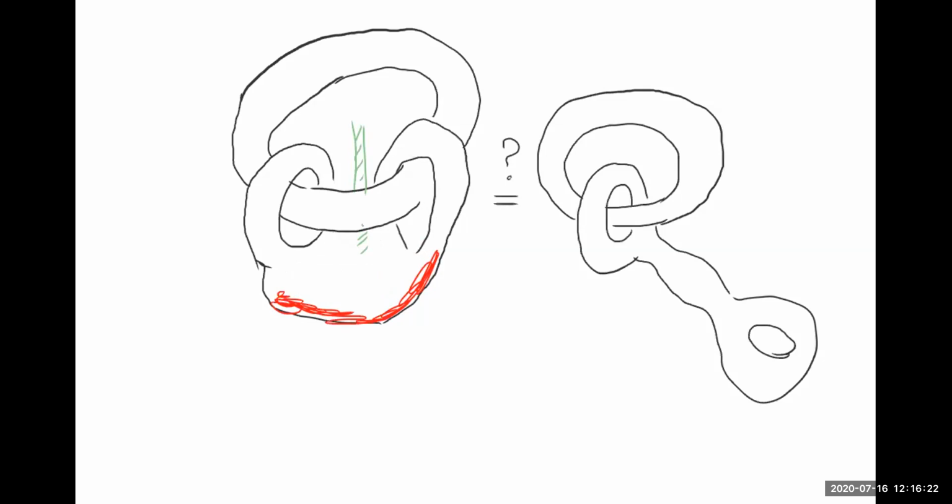Maybe I should draw slightly more carefully. If I grab this thing and pull it up, it would go, well, it's first here. If I pull it up, it would go, for example, there.